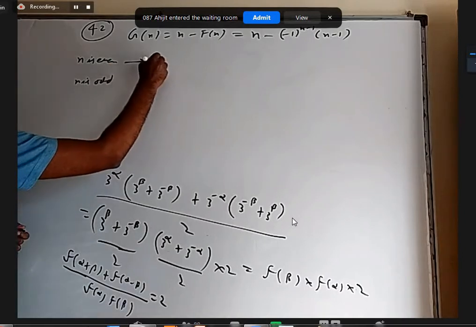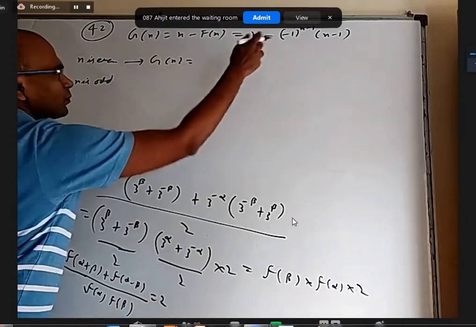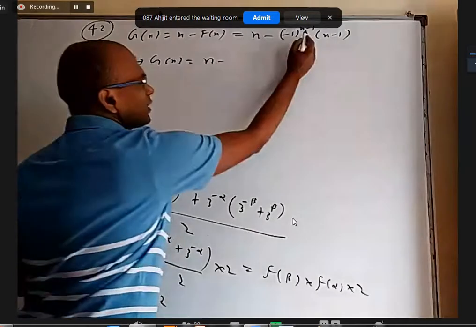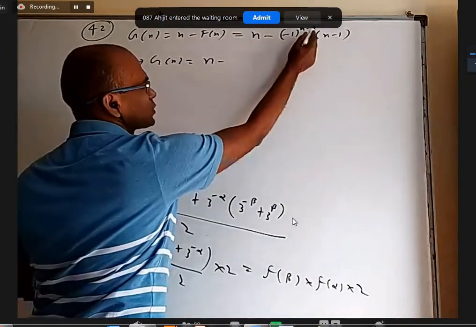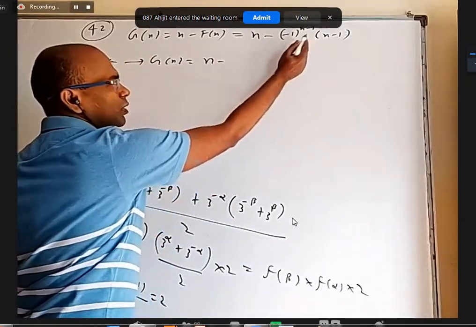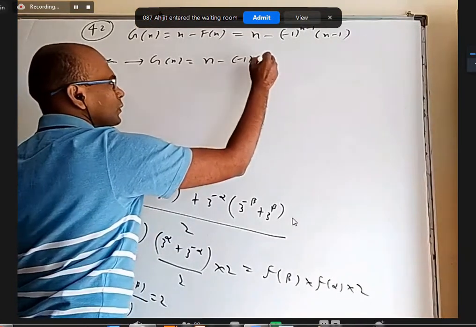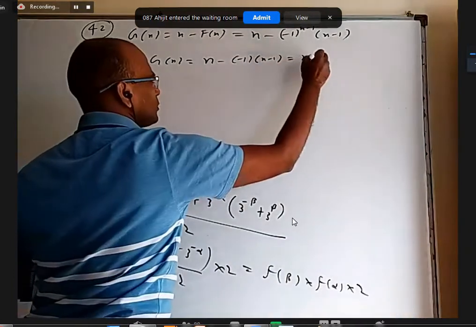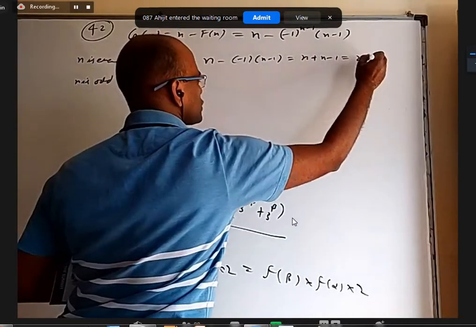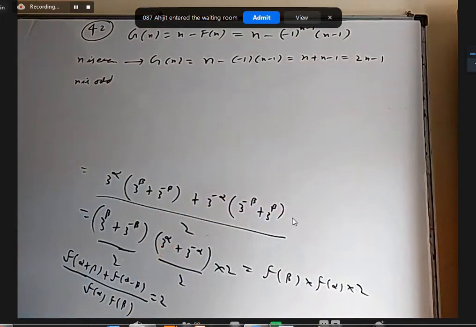In the case of n is even, g of n will be n minus, whenever n is even, n minus 1 is odd. Minus 1 whole power odd is minus 1. That is n plus n minus 1, which is 2n minus 1.